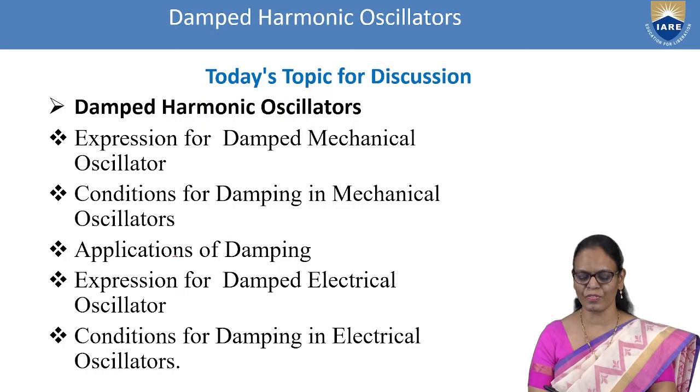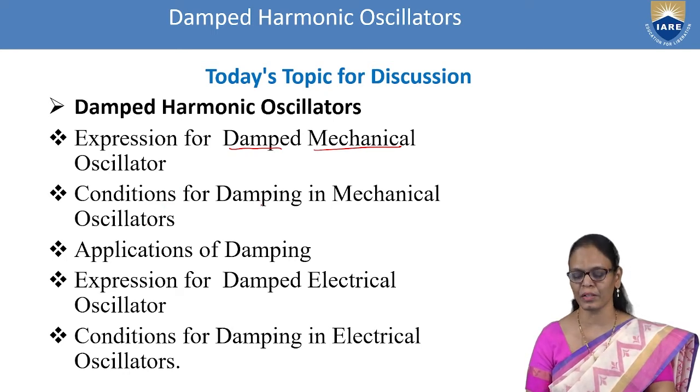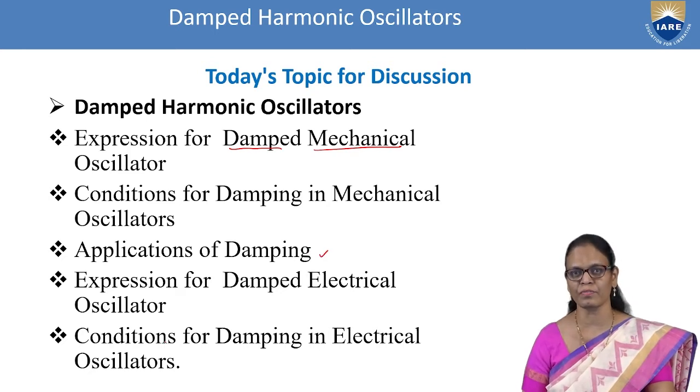Let us see how we are going to discuss this topic. First, we are going to derive the expression for a damped mechanical oscillator. Then we will try to understand the conditions for damping in mechanical oscillators, and also understand this concept with the help of a few applications that we see in our day-to-day life.